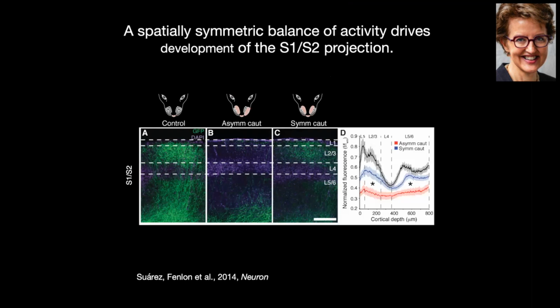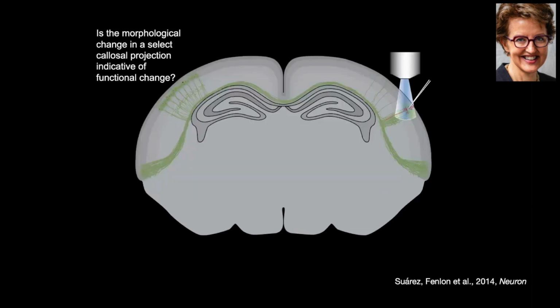But if we did the symmetric cauterization on both sides, we rescued the phenotype. That demonstrated to us that it's a balance of activity coming into both hemispheres. It's somehow being matched by the callosal neurons, and that is part of how they find their target in the contralateral hemisphere.